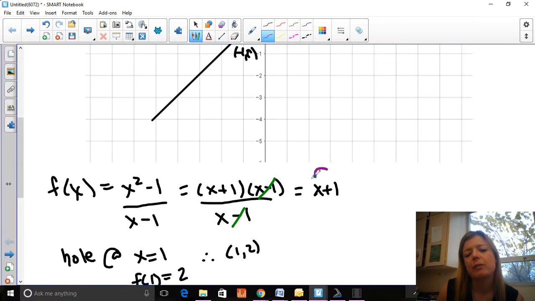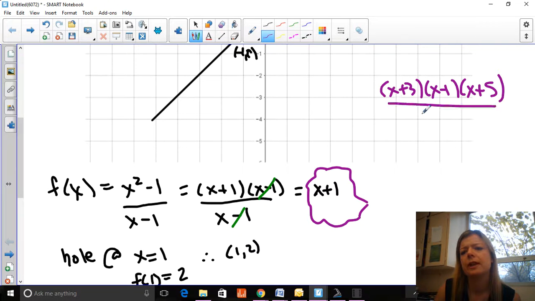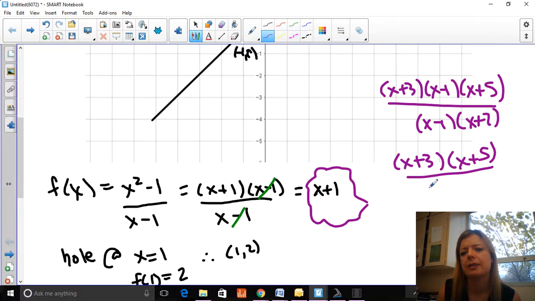So the picture will look like whatever is here, the simplified version, with a hole at whatever is crossed off. So let's say, for example, you have x plus 3, x minus 1, x plus 5, divided by x minus 1, x plus 2. Okay, so this would simplify to x plus 3, x plus 5 divided by x plus 2.